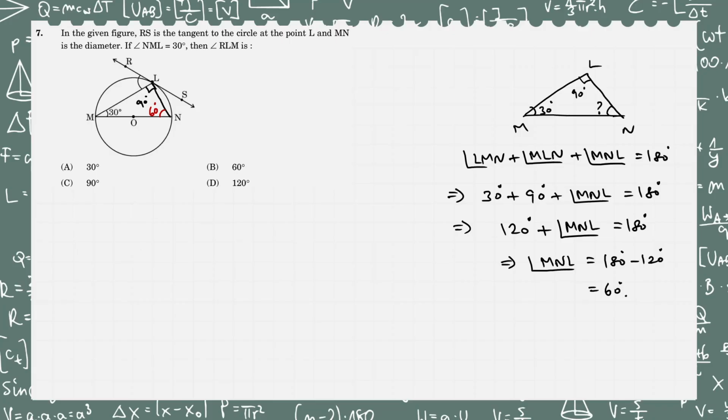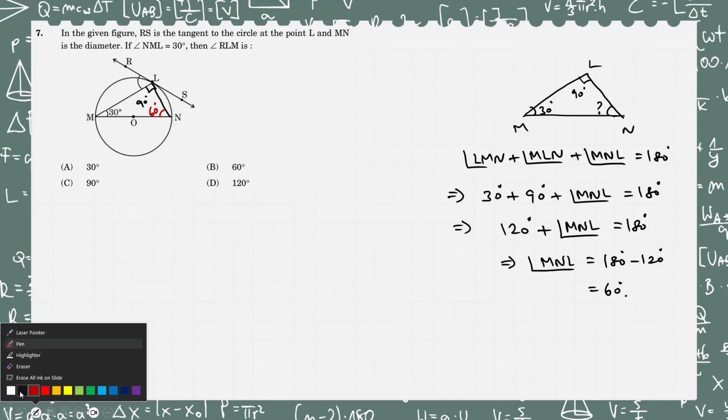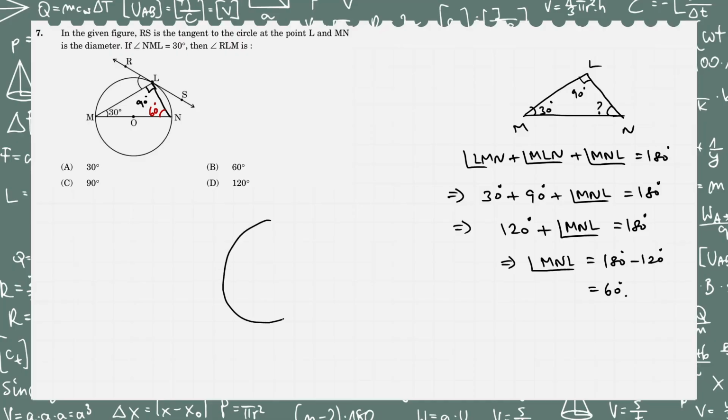Now you will be wondering why you would need this angle, right? So let us see why we need that angle. See, we know that if there is a circle, and if this is the tangent to the circle, and this is the center of the circle, and if we have a chord of the circle, and we want this angle, if we join the endpoints of the chord with another point on the other segment of this circle, suppose I join like this, then this angle is called the angle in the alternate segment, right?